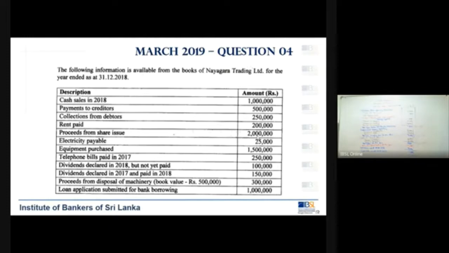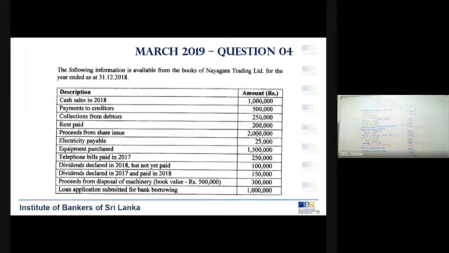So here, the cash flow is to be prepared based on direct method. It is not indirect method. If you are to do a cash flow statement from indirect method, then you need to have the P&L, balance sheet, everything has to be there, like what we did earlier. But here, both of them are missing. So if it is missing, what does it mean?